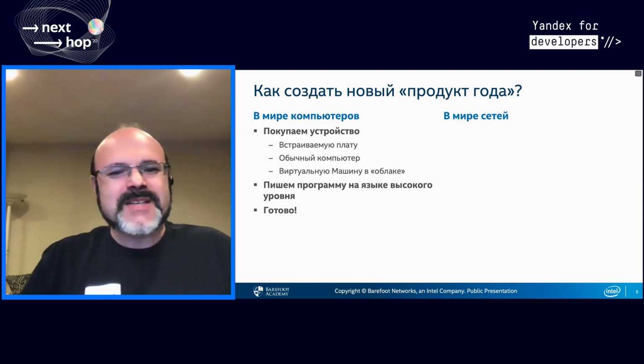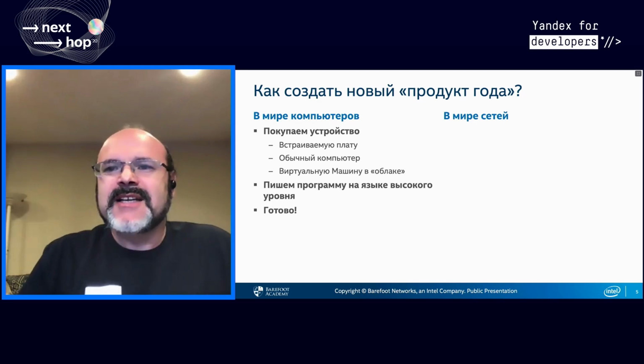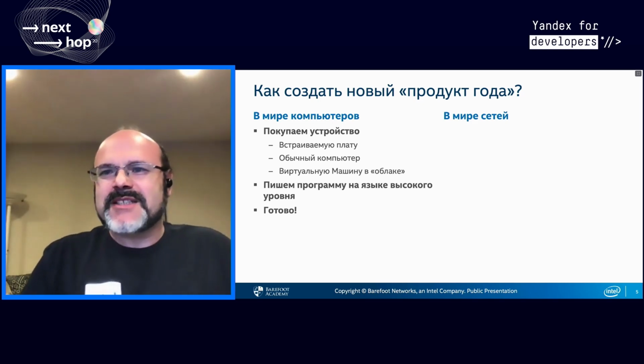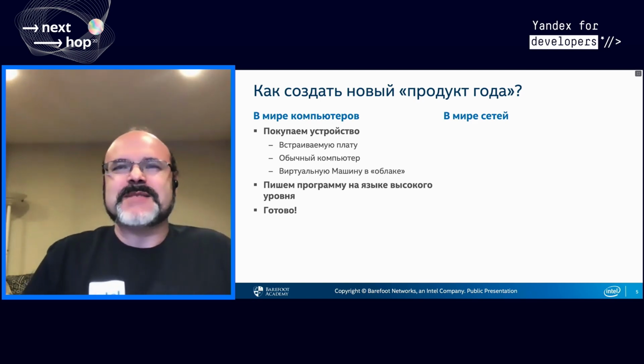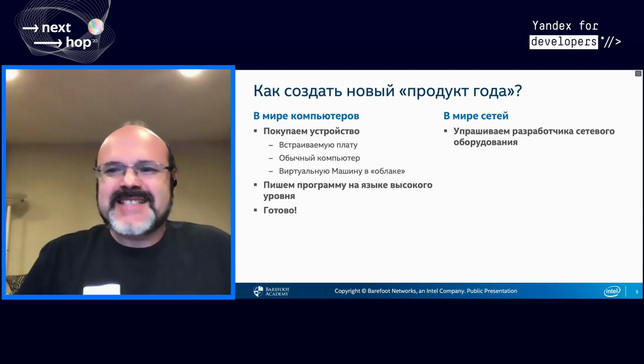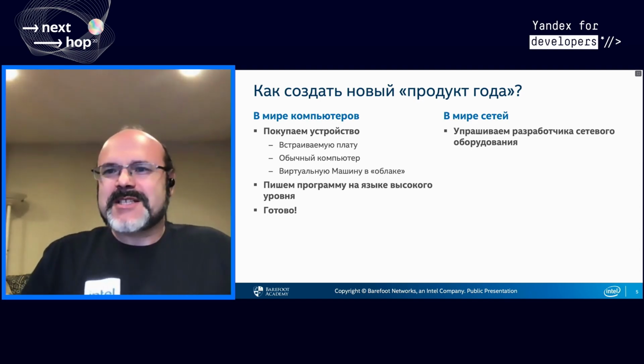So you can make profit. You may take that to the bank, but in the network world, everything is structured differently. You cannot do anything on your own, therefore you go to the network equipment developer, begging him to do something.